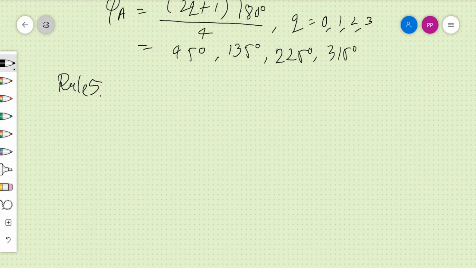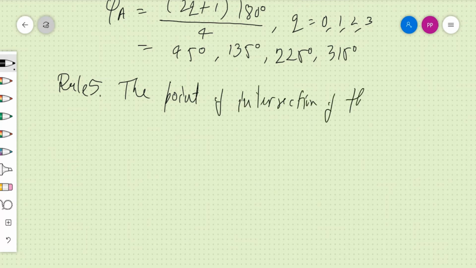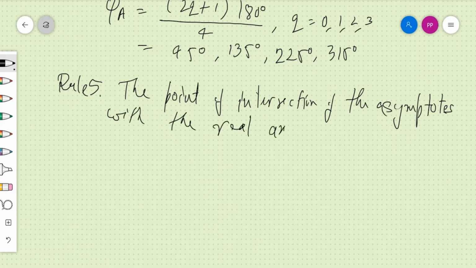The point of intersection of the asymptotes with the real axis is at s equals minus sigma A. That point is obtained by summing the real parts of the poles, subtracting the real parts of the zeros from this, and dividing by n minus m.